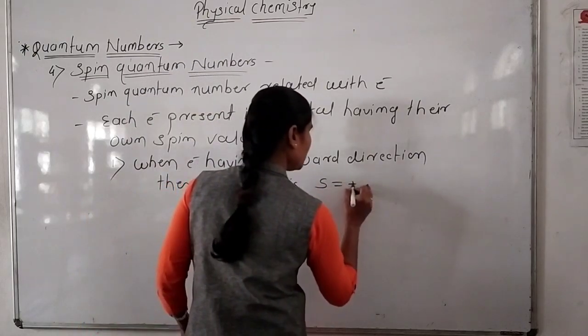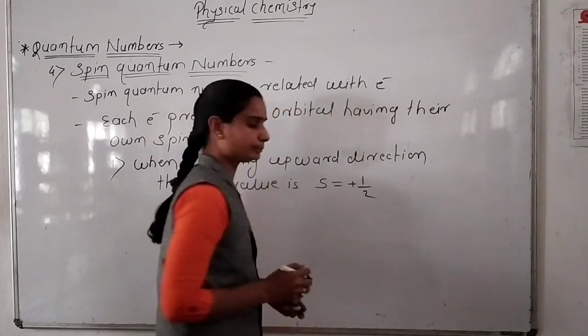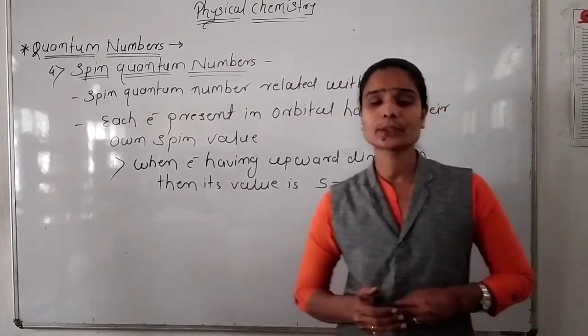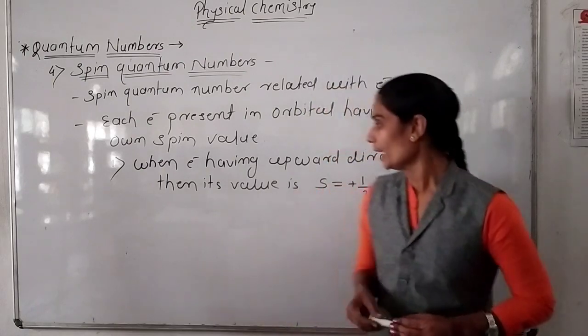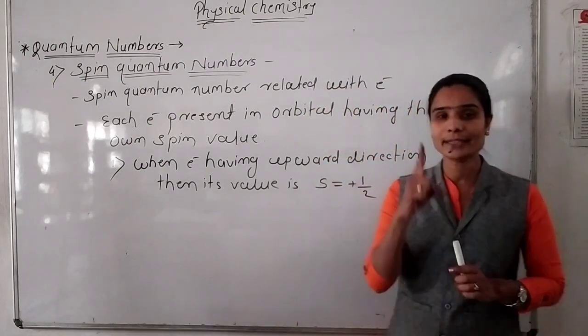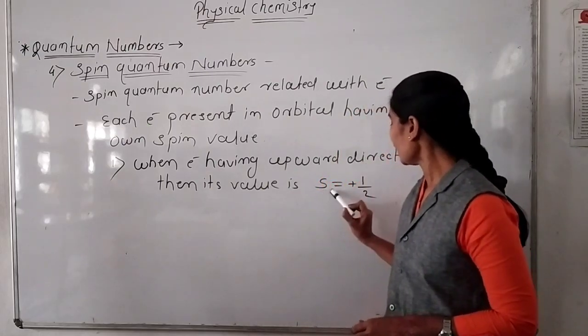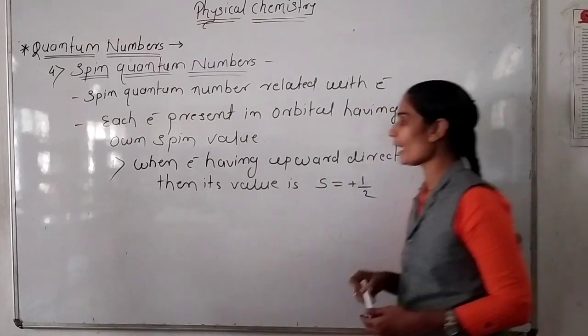Then s is equal to plus half. Each electron has its own spin value, and when the electron has an upward direction, the spin value of that electron is plus half.